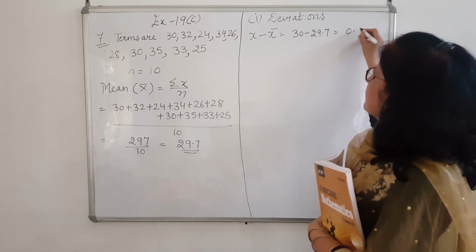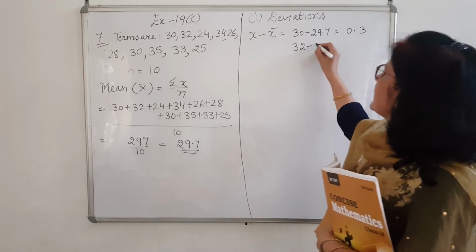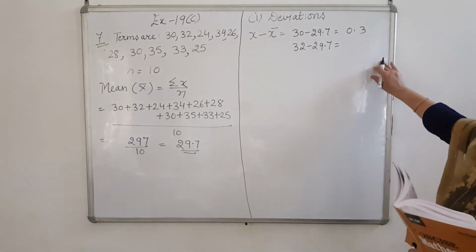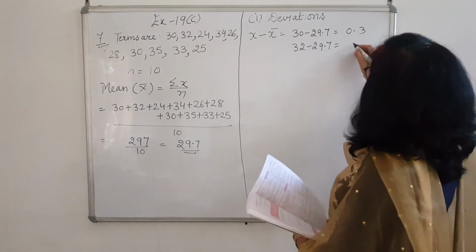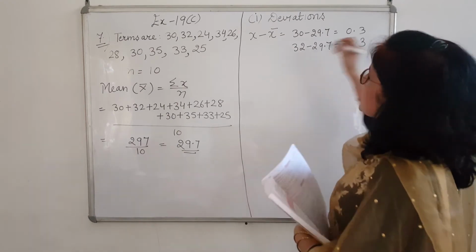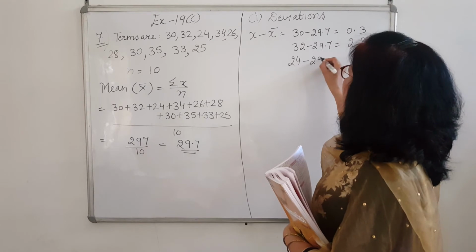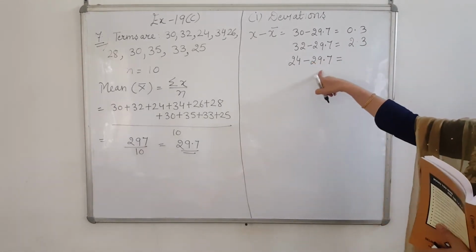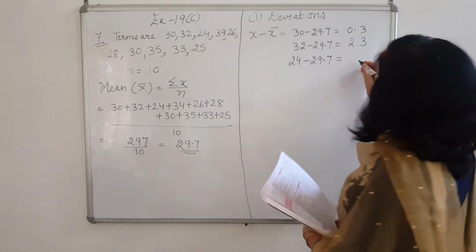We'll get 0.3. Then 32 minus 29.7, we will get 2.3. The next one, 24 minus 29.7. 24 plus 5, so we'll get minus 5.7.